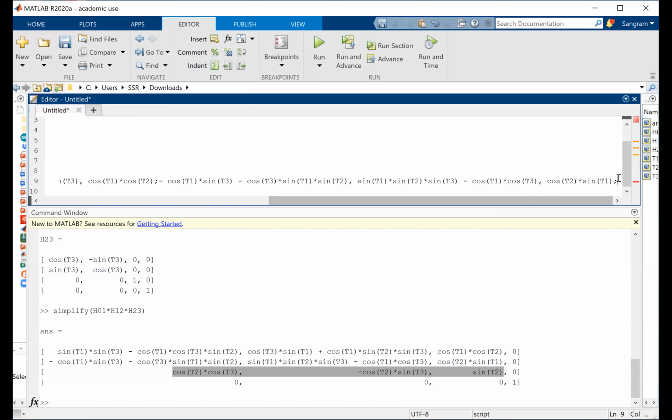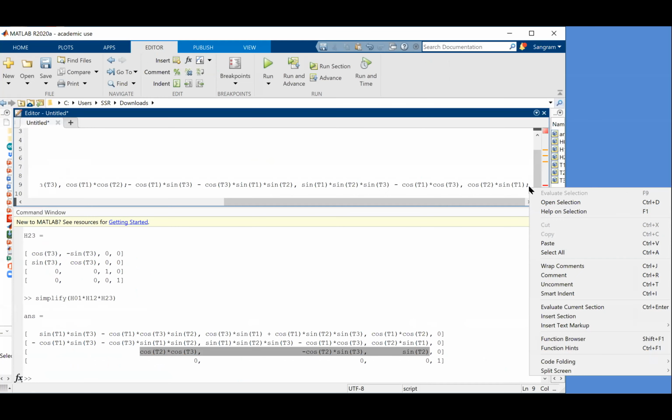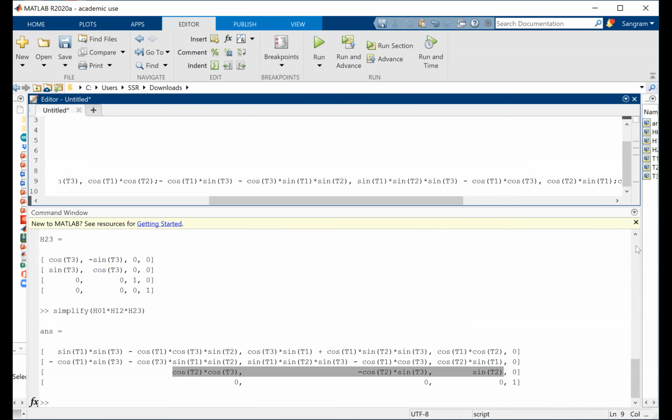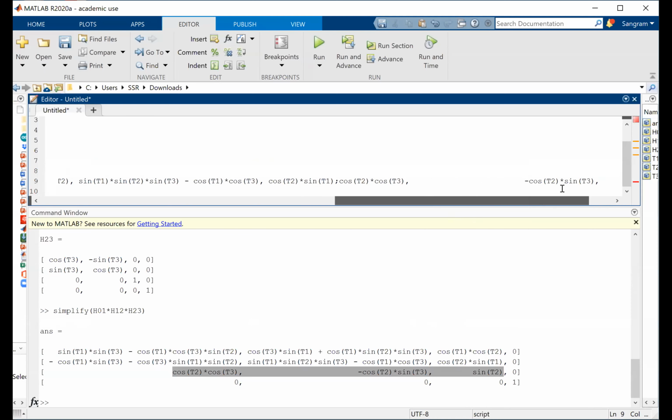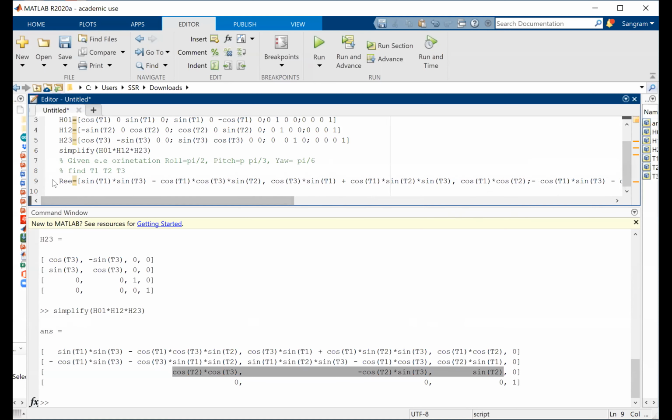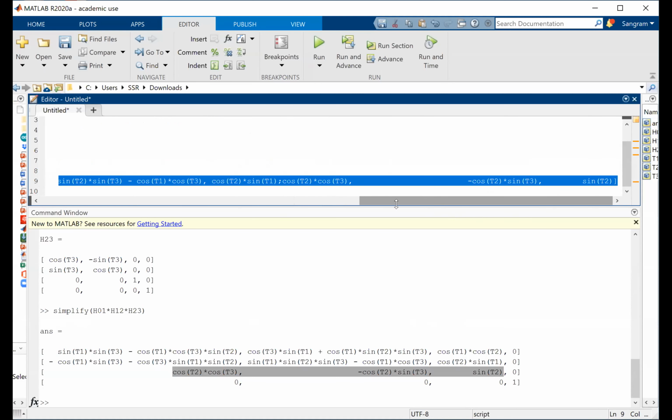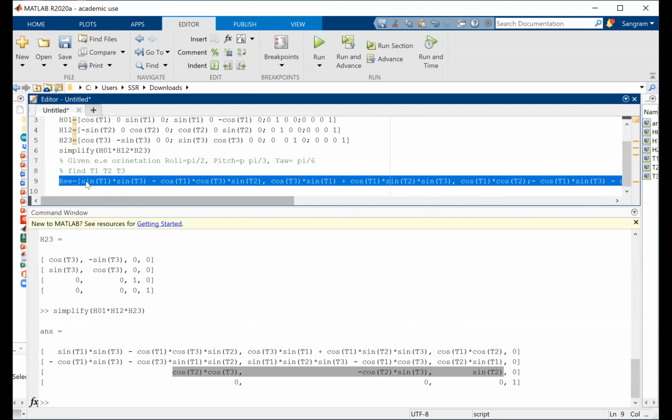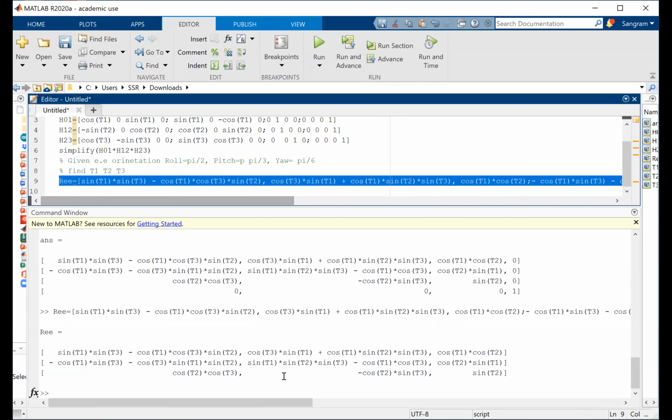The last one is this. So now I have this rotation matrix.